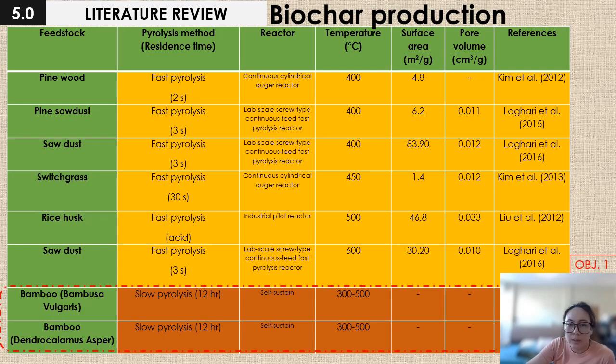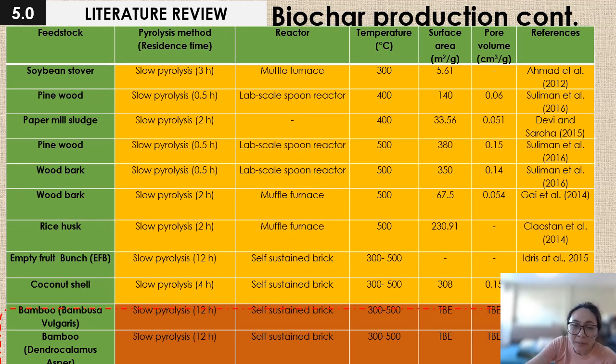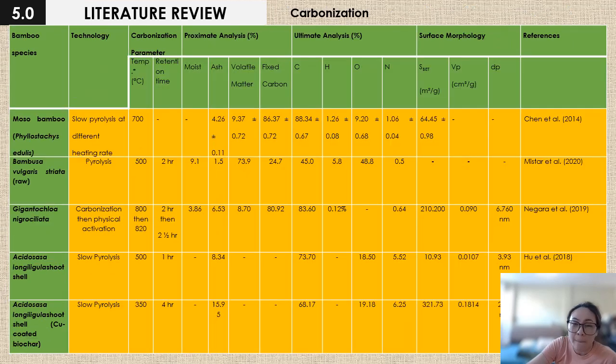In this literature review, we want to study the slow pyrolysis of self-sustained carbonization at 300 to 500 degrees Celsius, and the chemical activation of biochar production into activated carbon.